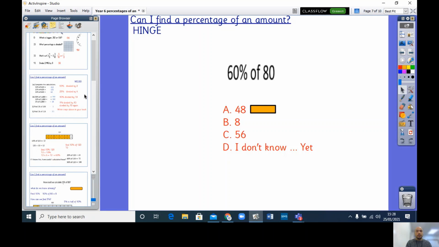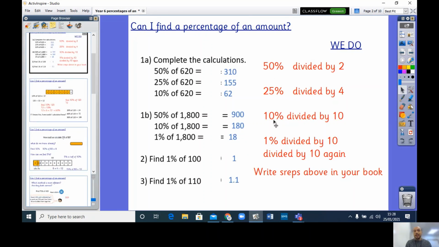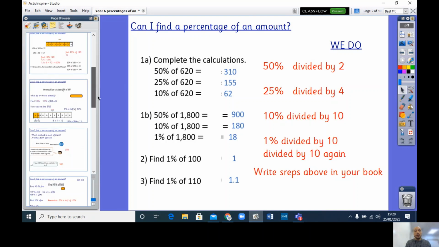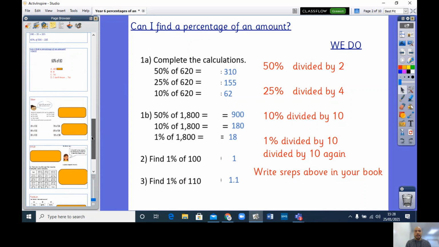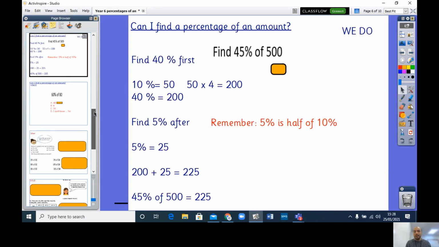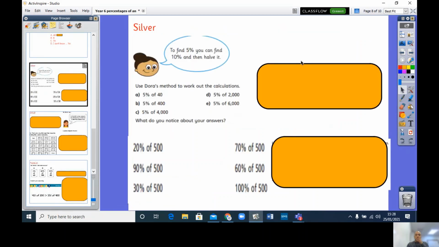Before you start the questions today, remember to have these steps in red in your book, because they will help you at some point. Also remember that 5% is half of 10%. I know it sounds simple, but that's going to help you. Okay, pause the video and have a go at silver. When you come back, I'm going to reveal the answers.